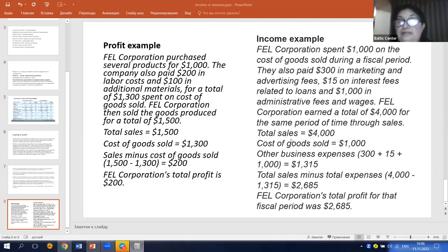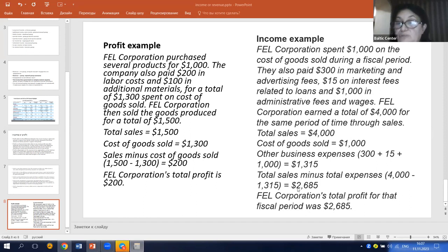So the total sales is $4,000. The cost of goods sold is $1,000, and the other business expenses are 300 for marketing and advertising, 15 for interest, and 1,000, which gives business expenses of 1,350. Then total sales minus total expenses.